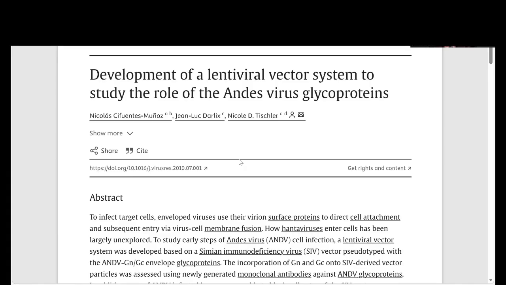So building these vectors are important to understand the scientific aspects, but they can also be used for dual purpose. And those dual purposes can be nefarious, especially when you're talking about something like biological weapon development.